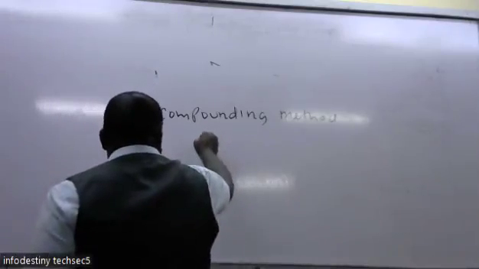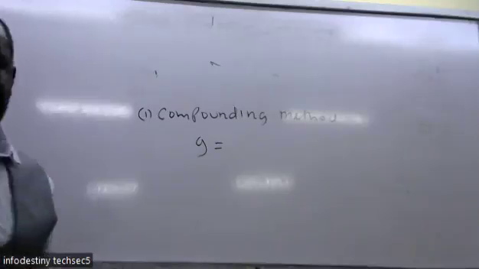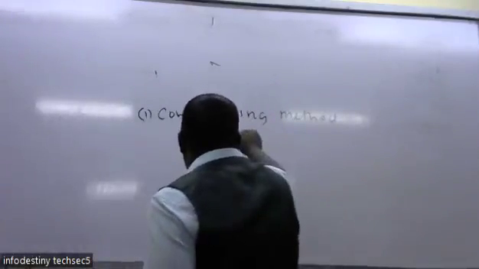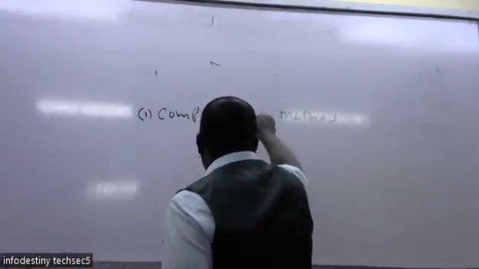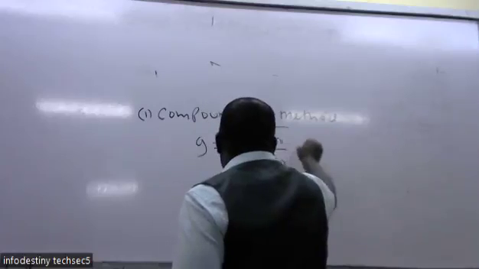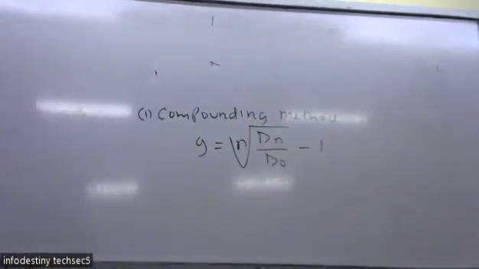So to calculate G, it will be equal to N, then Dn divided by Do, then we subtract 1. So when we get the question, we shall get to know what is N, what is Dn, what is Do, and also 1 minus G.